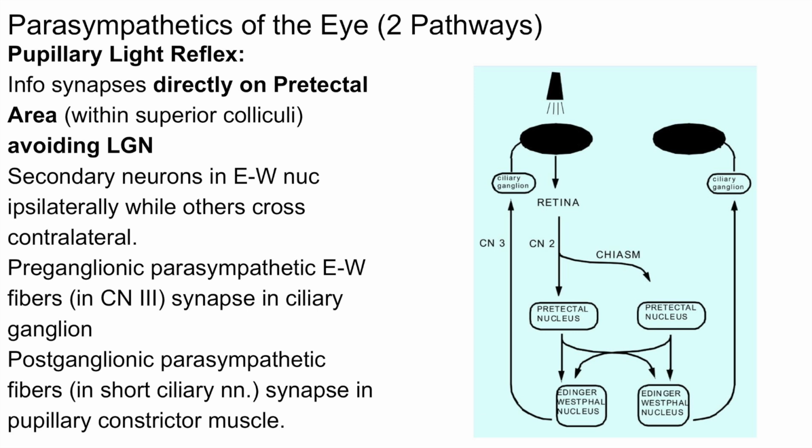That's the entire reason one eye shining light causes both pupils to constrict. So you're activating both parasympathetic nuclei at once. So from each Edinger-Westphal nucleus, preganglionic parasympathetic fibers travel with cranial nerve 3, the oculomotor nerve, to the ciliary ganglion, and that's going to be your synapse point.